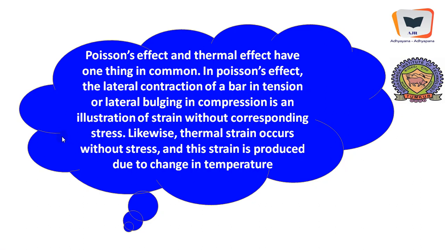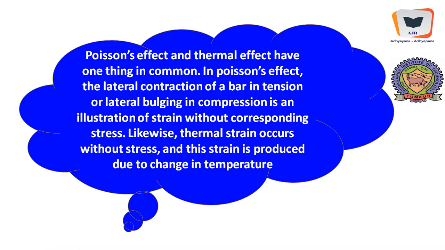When a rod is elongated by means of a tensile stress, its sides will become thin, and we have never applied force or stress in that particular direction. Likewise, thermal strain occurs without stresses, and this strain is produced due to change in temperature. When this strain is prevented, it becomes a cause for the development of thermal stress.